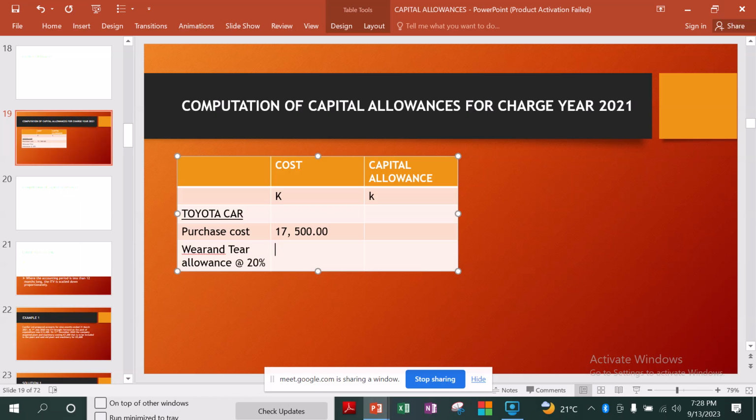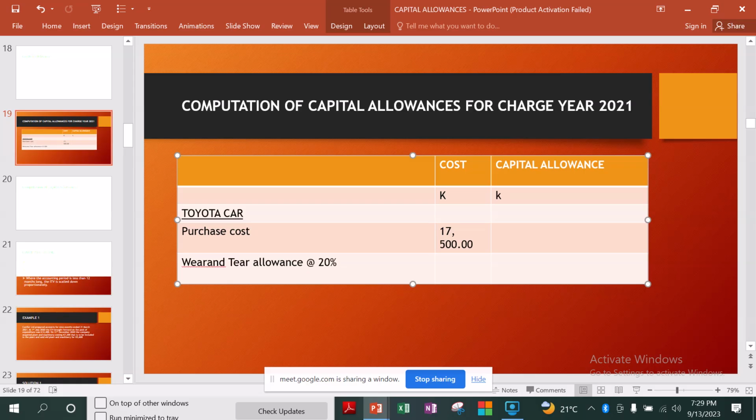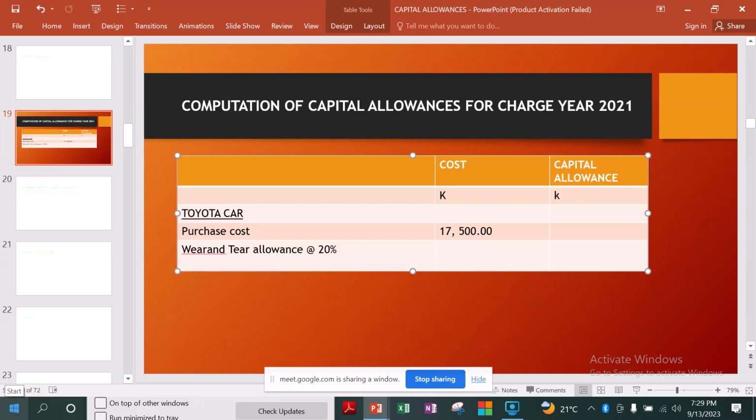The wear and tear allowance is always calculated on the original cost. Don't forget, the wear and tear allowance is always calculated on the original cost. So the original cost is 17,500.